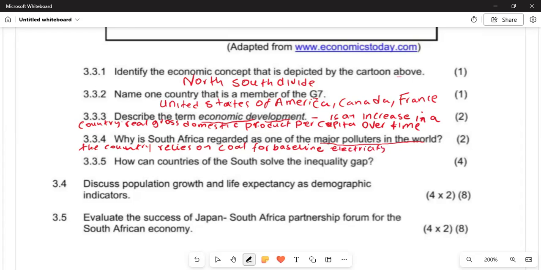And coal is among the common fossil fuels. So that is that. That is 3.3.4.